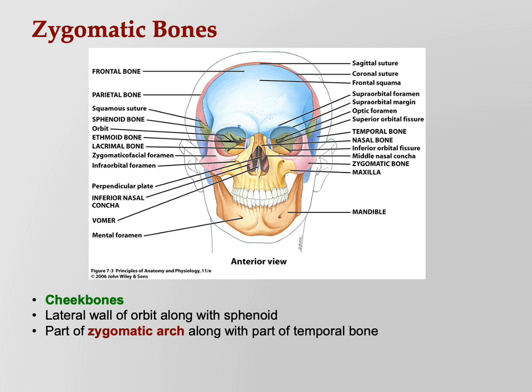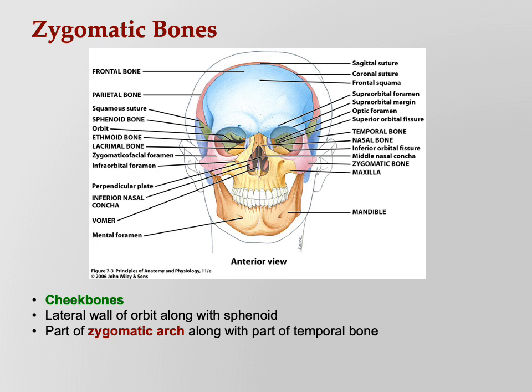So the process is named not for the bone that it's on, but for the bone that it connects to, which actually makes sense, because you would not want the name of the process to be the bone it's on. You already know it's on that bone. You want it to be named for the bone it connects to, because that tells you where it goes. So again, the zygomatic arch is composed of the temporal process of the zygomatic bone and the zygomatic process of the temporal bone, okay? You can kind of see that in this diagram.